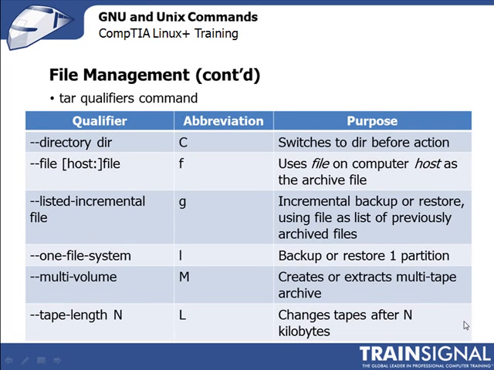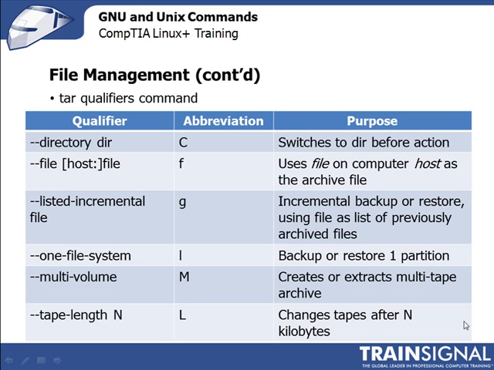The first qualifier is --directory dir, abbreviated by capital C, which says to switch to this directory before completing the action. --file, bracketed by host, followed by the file, abbreviated f, uses file on computer host as the archive file. --listed-incremental file, abbreviated with g, does an incremental backup or restore using the indicated file as a list of previously archived files.